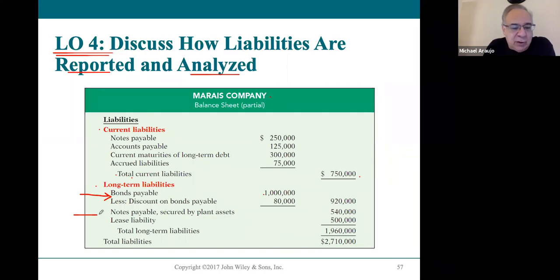But again, this company also has notes payable listed under long-term, which means that whatever date of the balance sheet this is, this particular part of the note is due after 1 year from that date, which makes it long-term. Okay. So again, just to remember how they're reported, current and long-term, you'll see bonds under long-term.